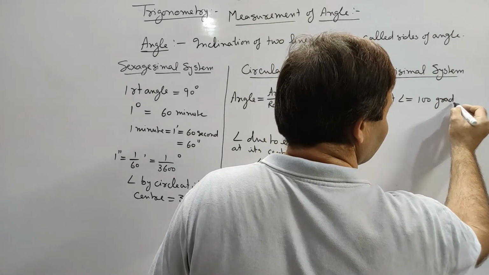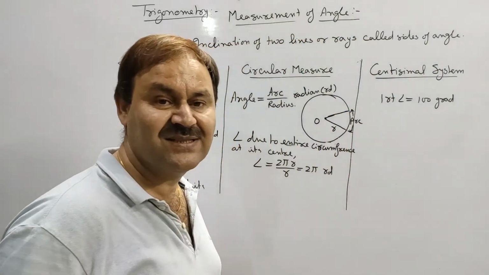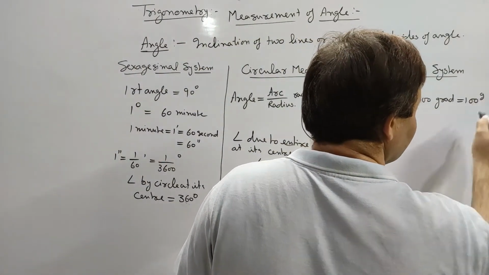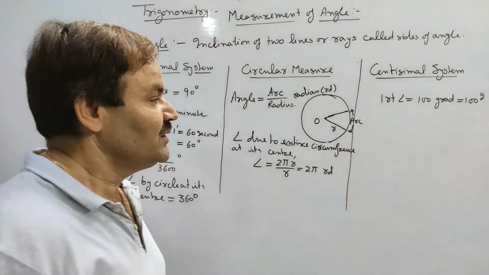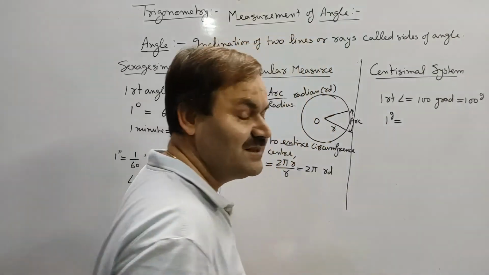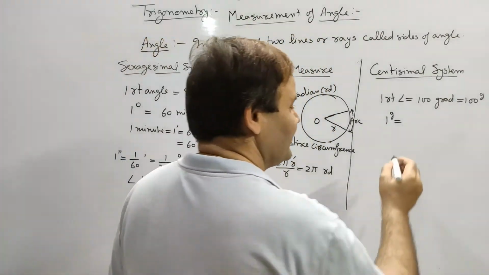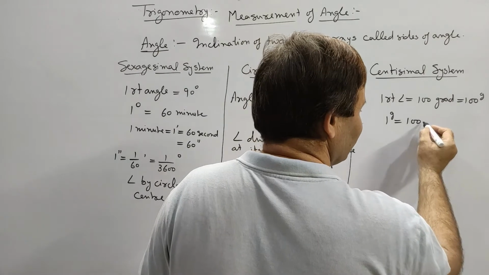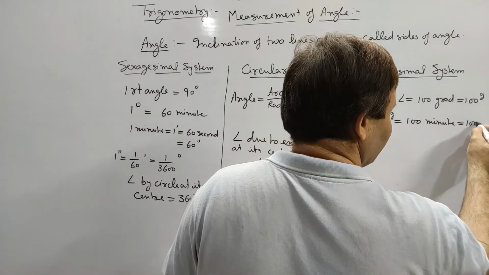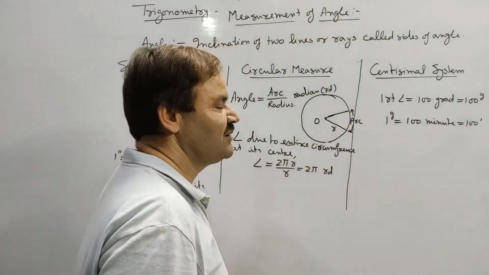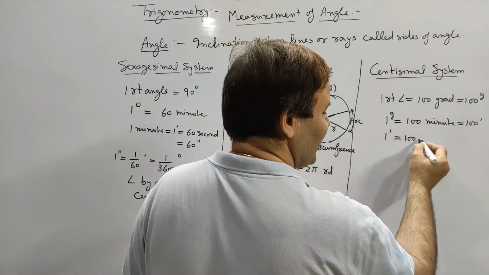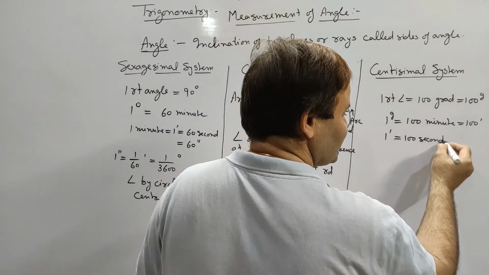Actually it is gradient, but in short it is written as grad or 100 g, and one grad is further divided into 100 equal parts, and each part is termed a minute, that is 100 minute, and 1 minute is again divided into 100 equal parts, each called a second.